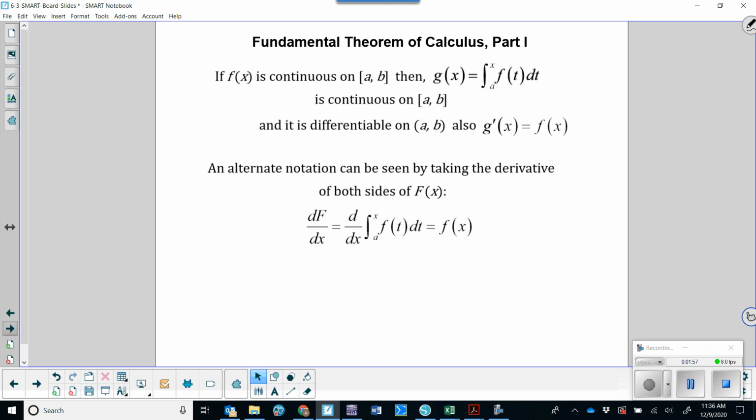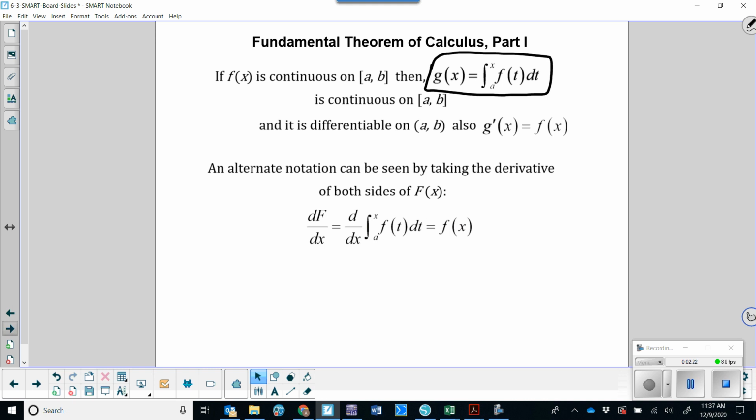So if our function is continuous on the interval a to b, and g of x is defined to be the integral from a to x of f of t dt, don't get concerned about t's versus x's. We just can't use the same letter, or we can, but it'd be confusing. The t is just there to be different than the x.